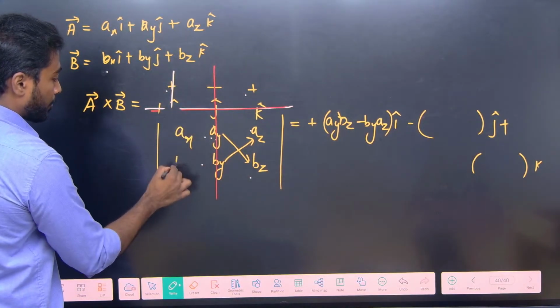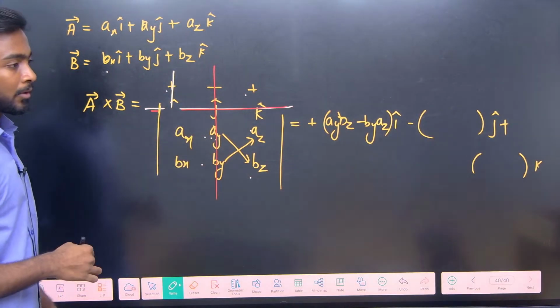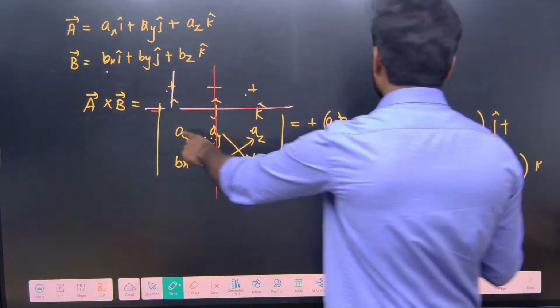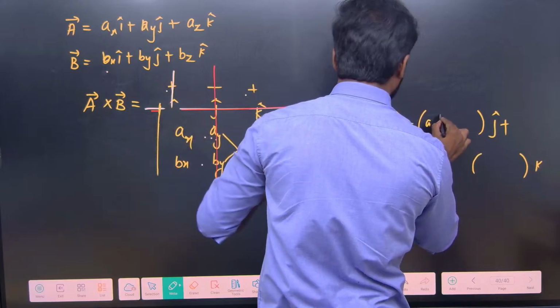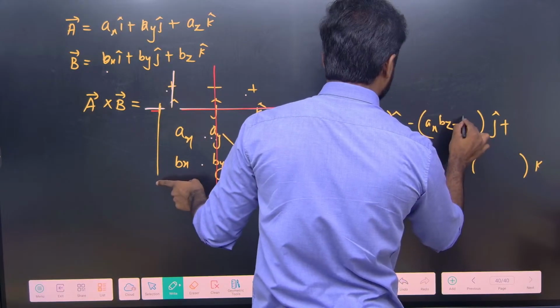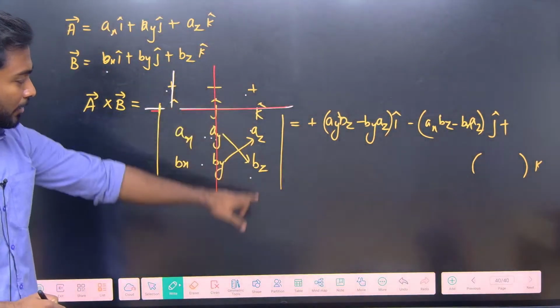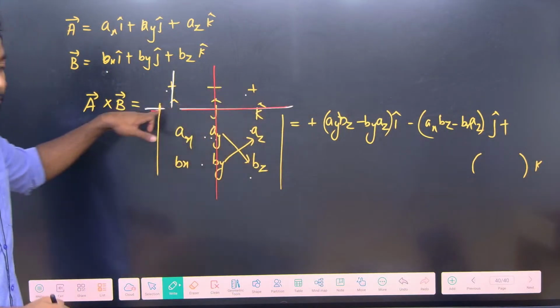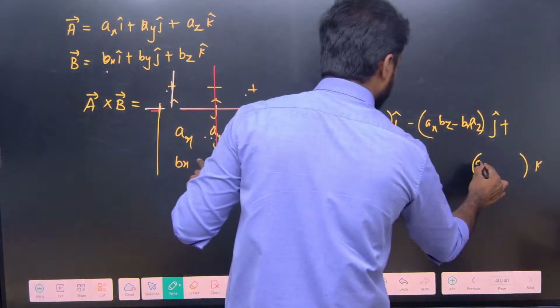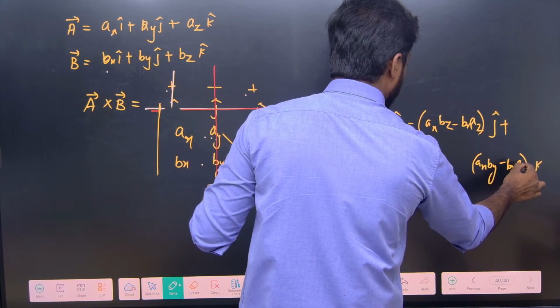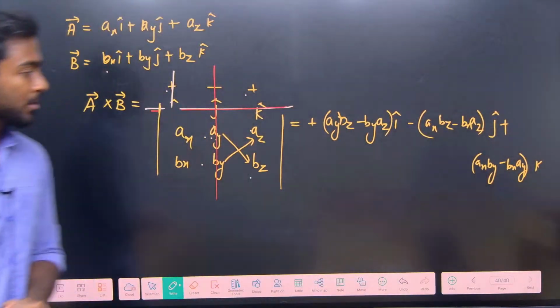Ax will be there, Bx will be there. Again do the cross multiply: Ax into Bz minus Bx into Az. Again, when I am going for k, close the k. So Ax By minus Bx Ay. Simple, that's it.